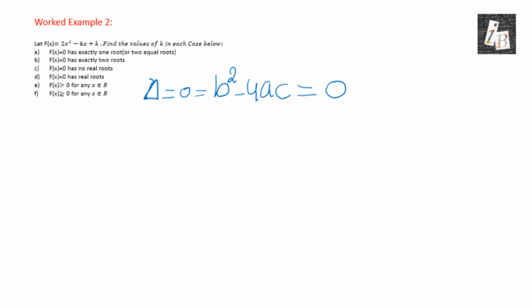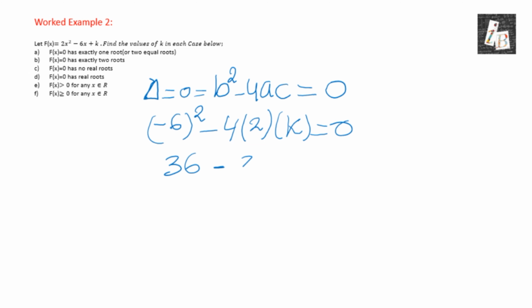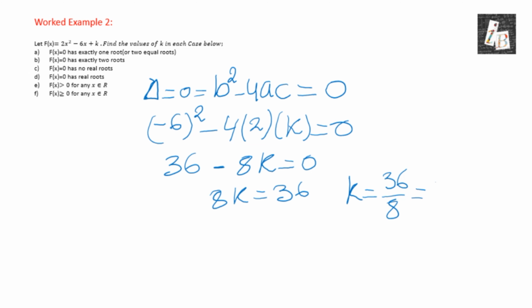So we substitute: minus 6 all squared minus 4 times 1 times k is equal to 0. 36 minus 4k is equal to 0, so 4k is equal to 36, and k is equal to 9.